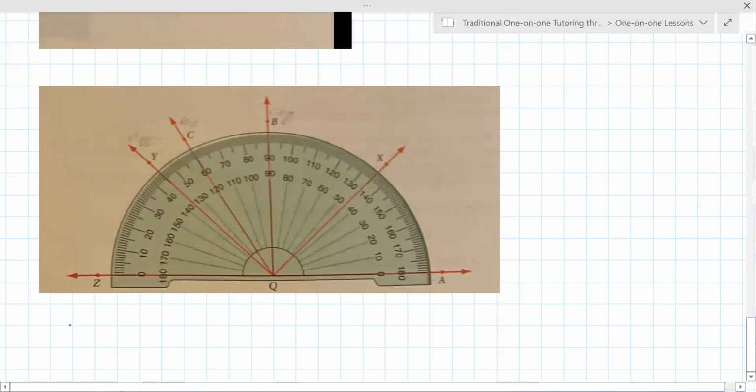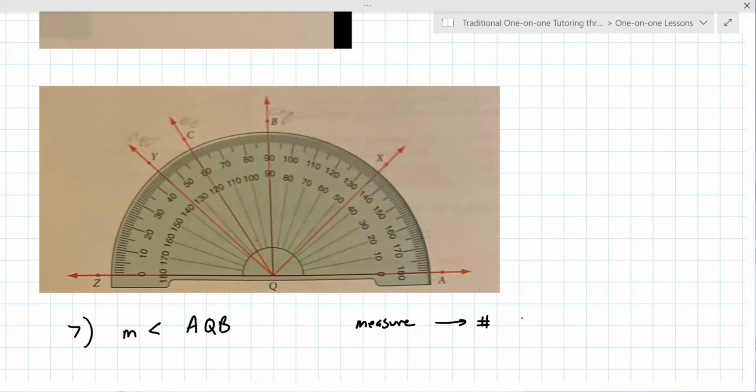So 7 says the measure of angle AQB. So this little m means the measure. Whenever you see a little m, measure, that means you're going to give me a number. So we have to use the protractor, right?